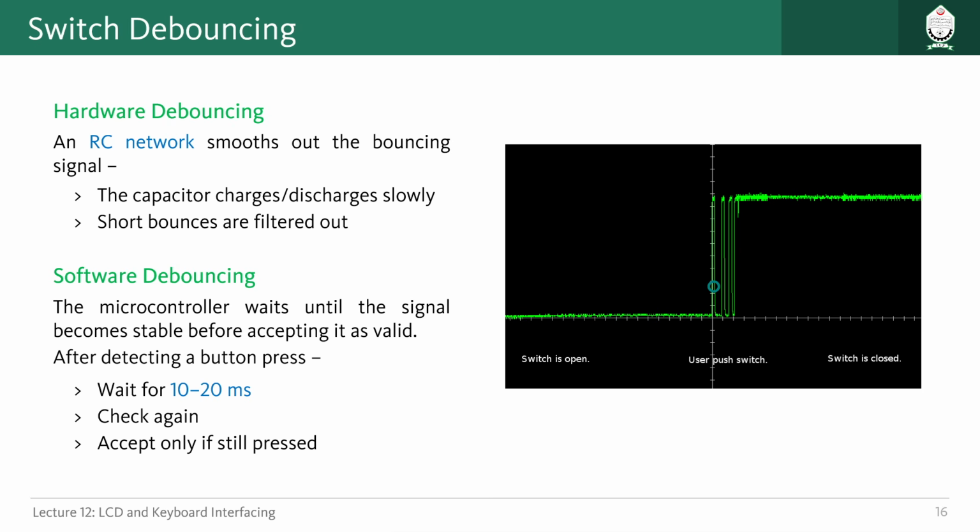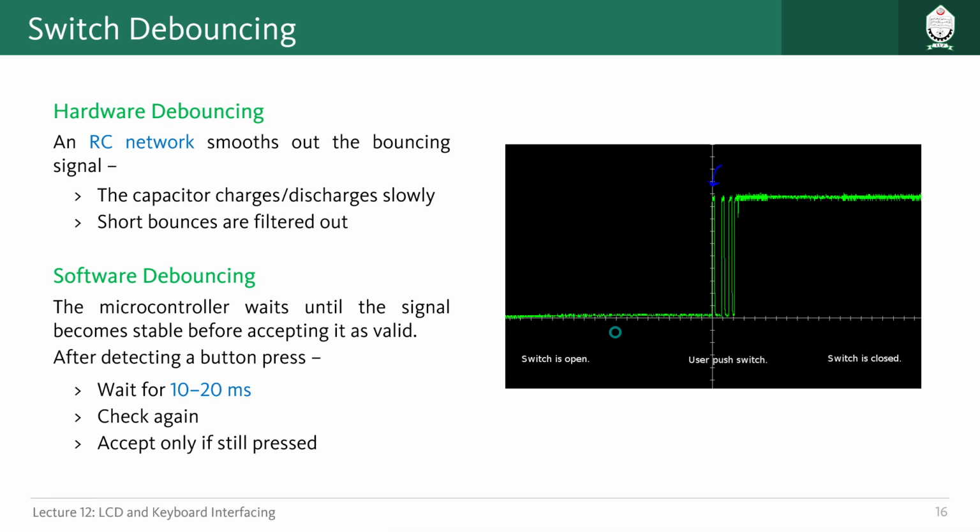For software debouncing, we just have to wait for some time until the signal becomes stable. After we detect a button press, like in this initial condition, we will take some delay.